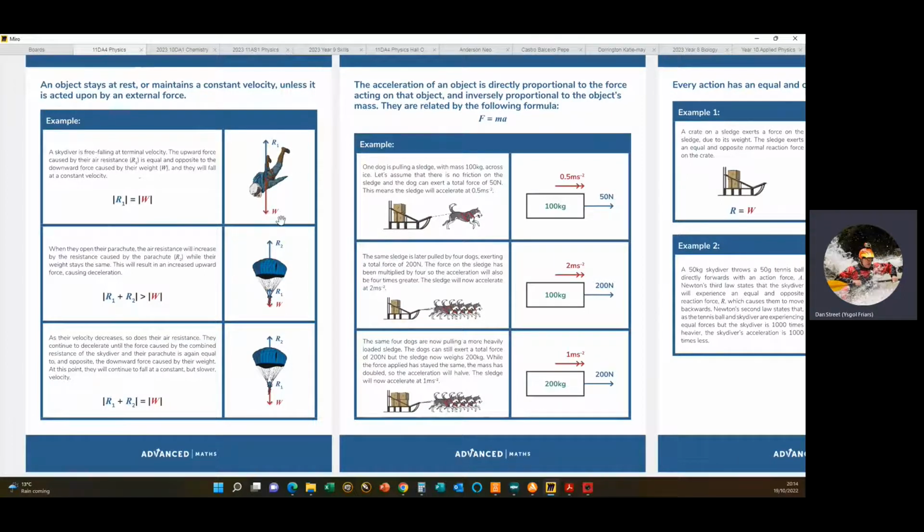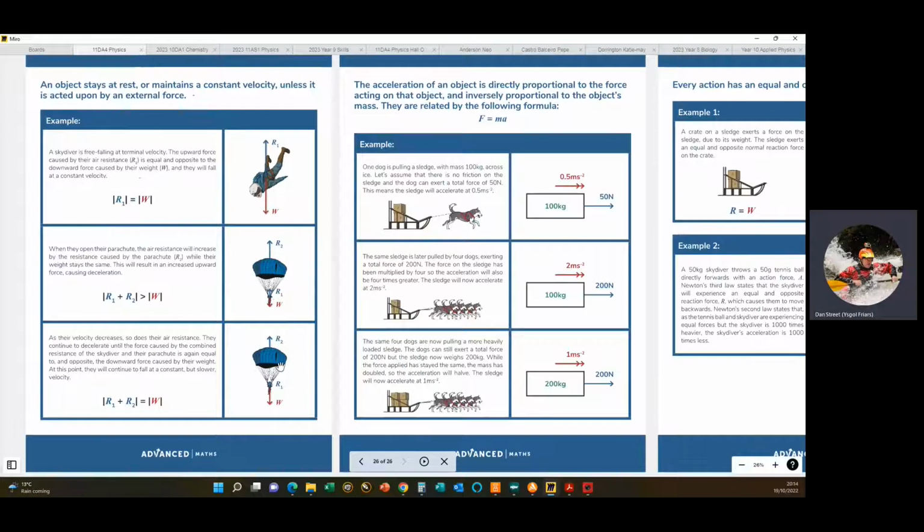The upward force is greater than the downward force, and we can see that because the blue arrows are bigger than the red arrows, and consequently this parachutist is decelerating. He's decelerating because the forces are unbalanced. Okay, so this object is not maintaining a constant velocity. He's actually decelerating because he's being acted upon by an external force, and that external force is the greater air resistance compared to his weight, which has remained constant.